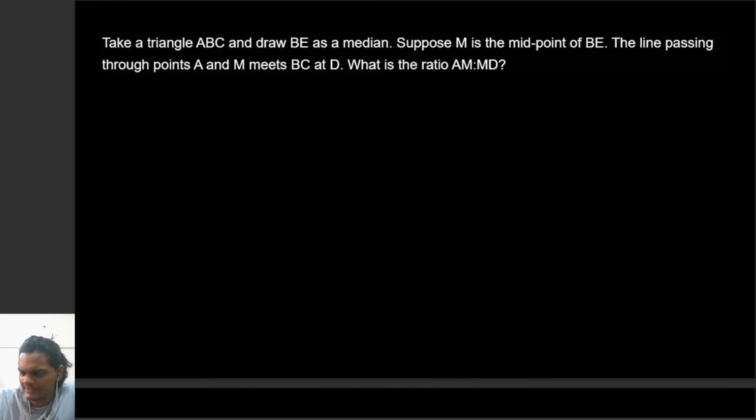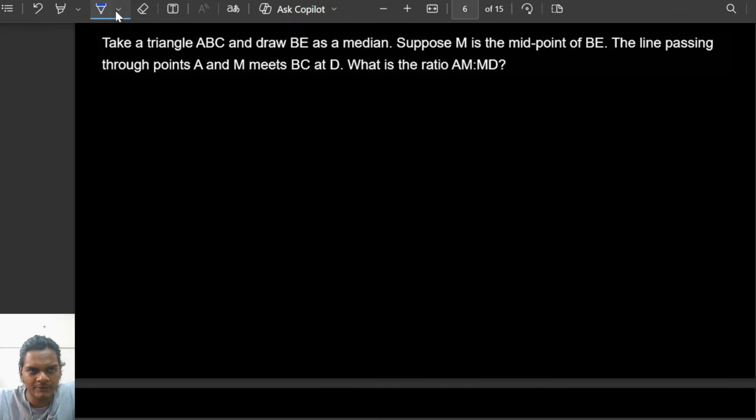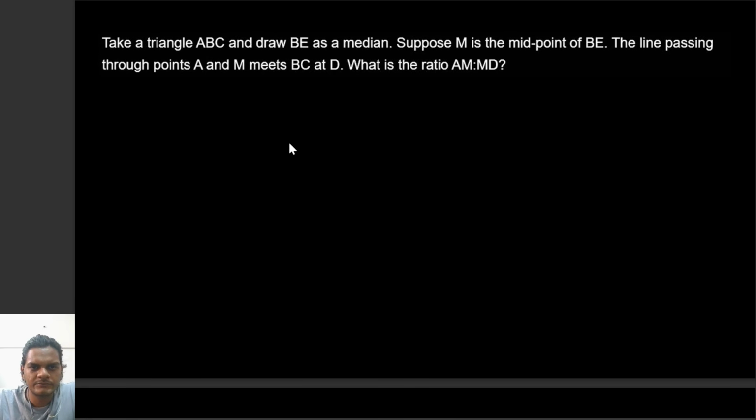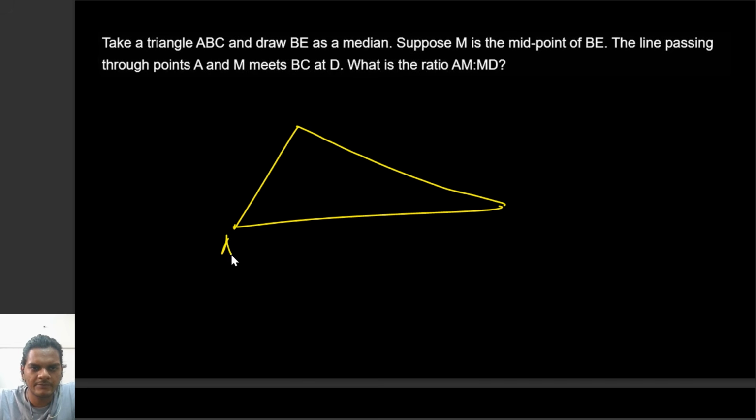I hope you have paused it. So I'm directly jumping into drawing a diagram. Let's say ABC. In triangle ABC, BE is a median. So E is the midpoint of AC, BE is the median.